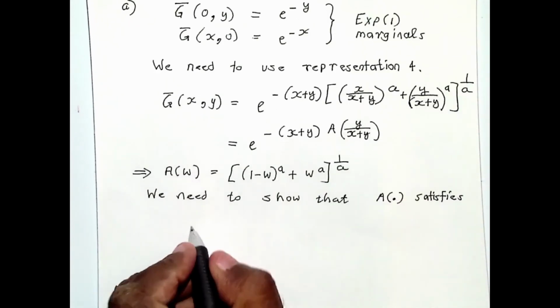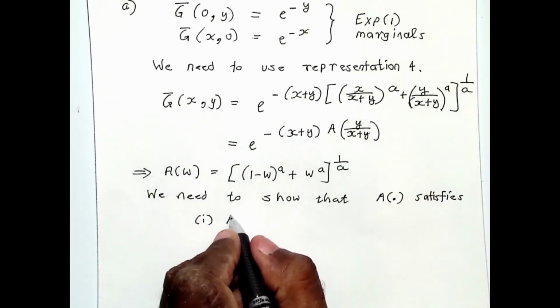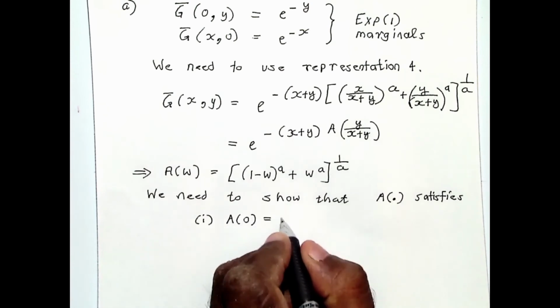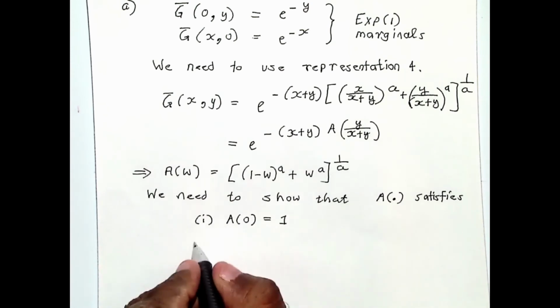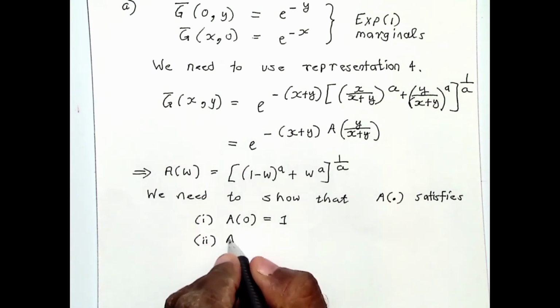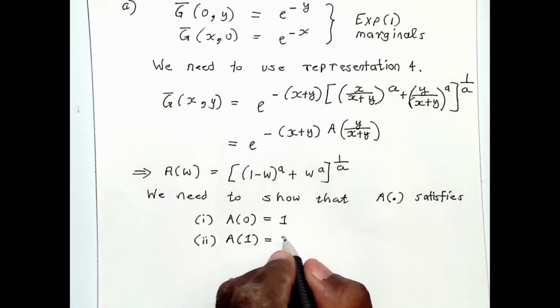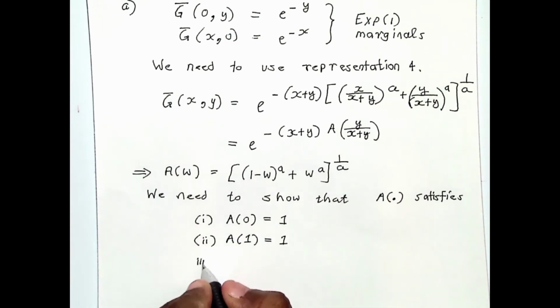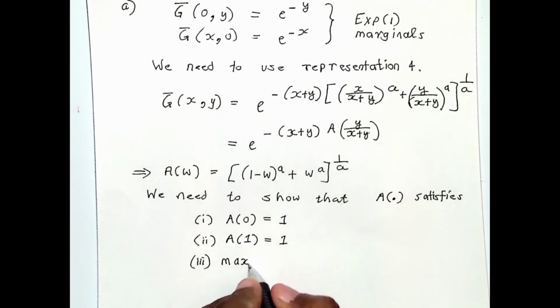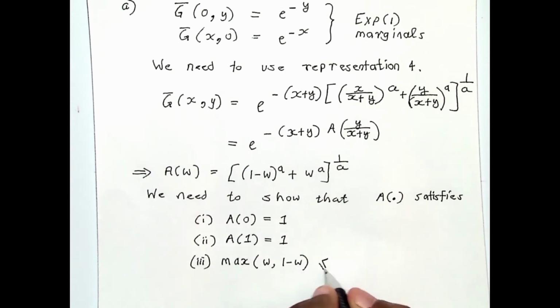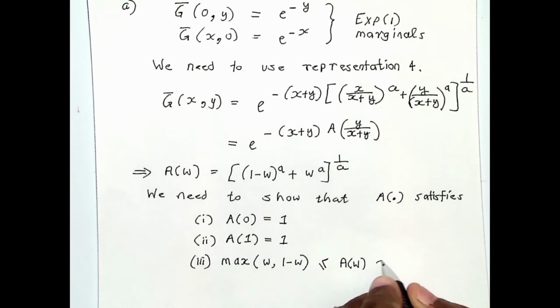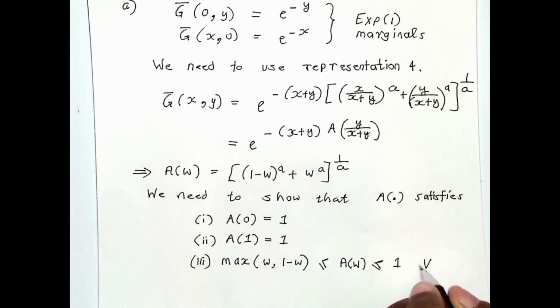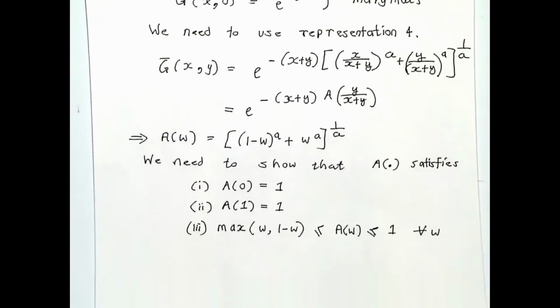Okay, now we need to show that the function a satisfies the following conditions. There are 4 conditions you may recall. The first is that a at 0 must be 1. The second is that a at 1 must be 1. The third is that, right, and the fourth condition is that a must be convex.